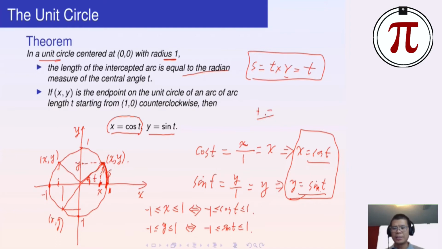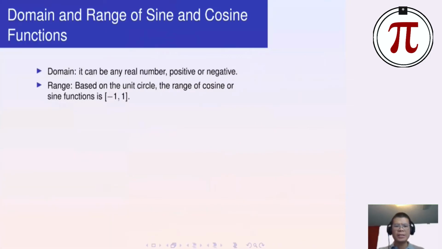So it can be any angle that goes counterclockwise or clockwise. Counterclockwise is positive, clockwise is negative. From these observations, we can see the domain and the range of sine and cosine functions.